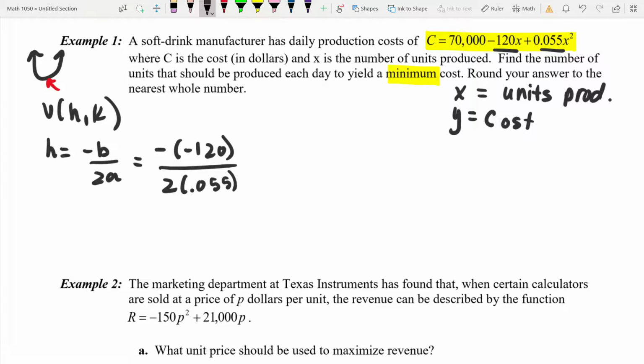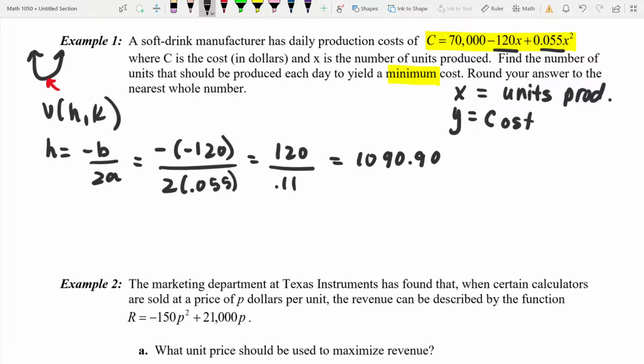A negative over a negative is a positive. So that's going to be 120 divided by, if you go 2 times 0.055, you get 0.11. And then if you go 120 divided by 0.11, you get 1090.90, and then some more things.